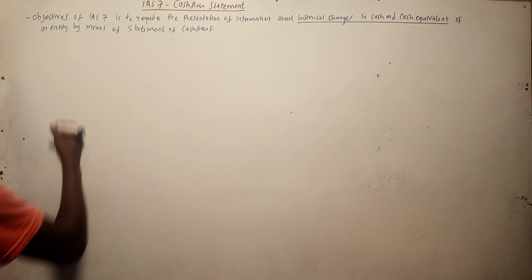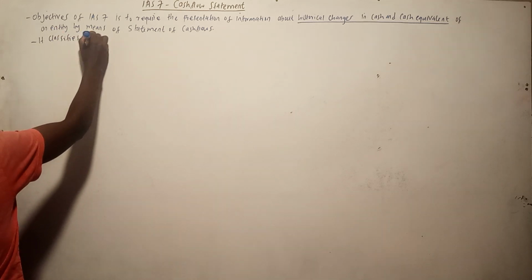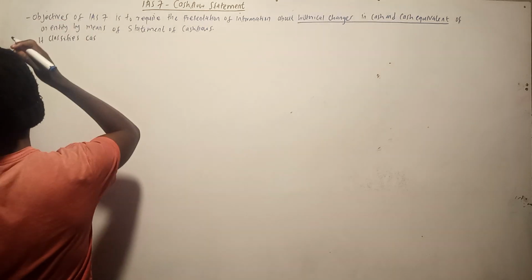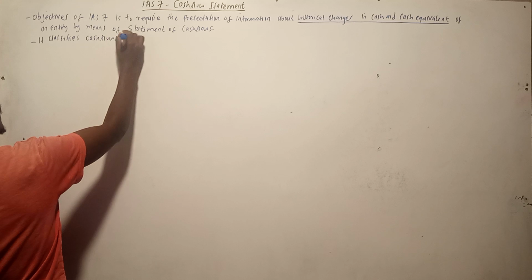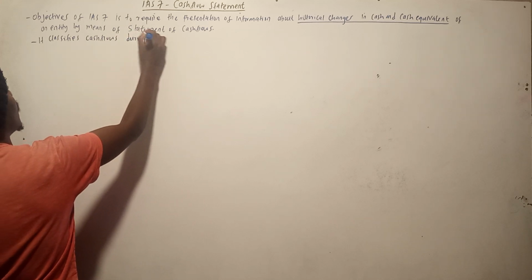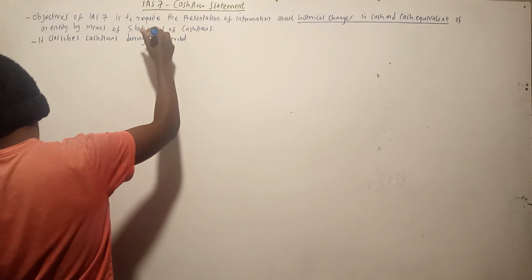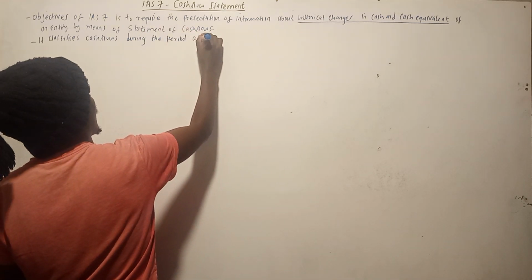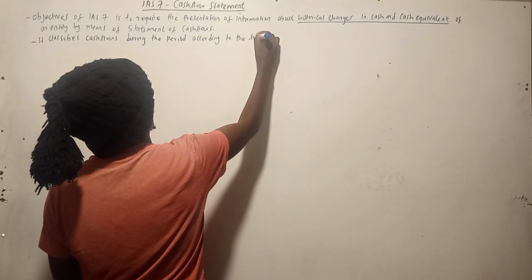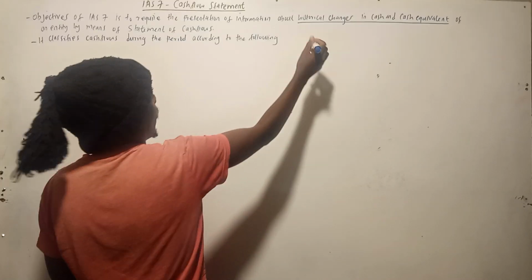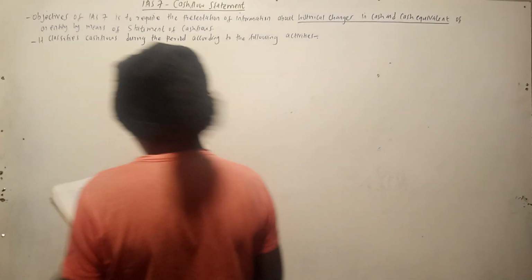And then it classifies cash flows during the period according to the following activities. So let's name the activities.